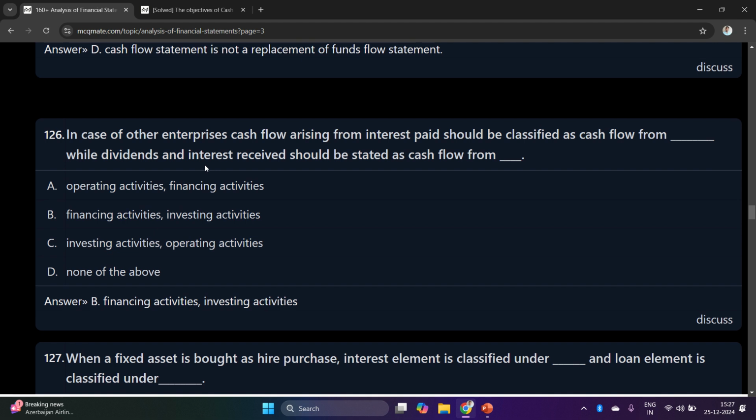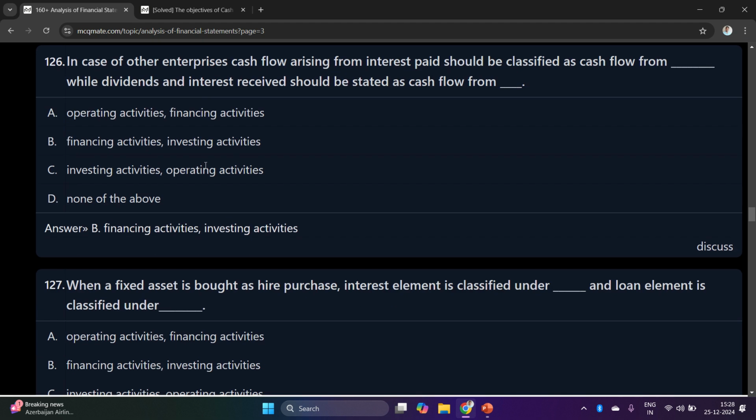In case of other enterprises, cash flow arising from interest paid should be classified as financing activity, while dividend and interest received should be stated in cash flow as investing activity.